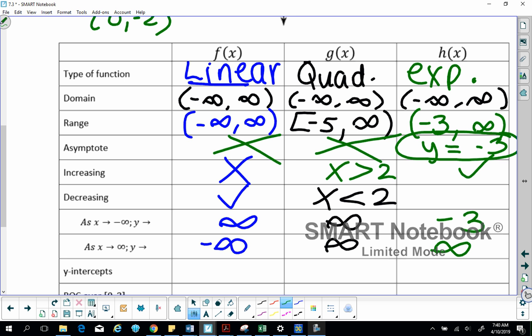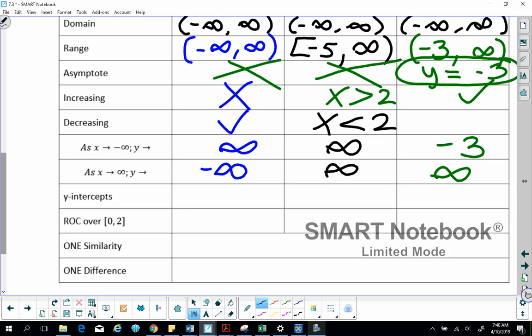No one can find one thing they all three have? Thank you. They all have the same domain. So right here, we're going to skip the rate of change because we're going to do that next class. They all have the same domain.